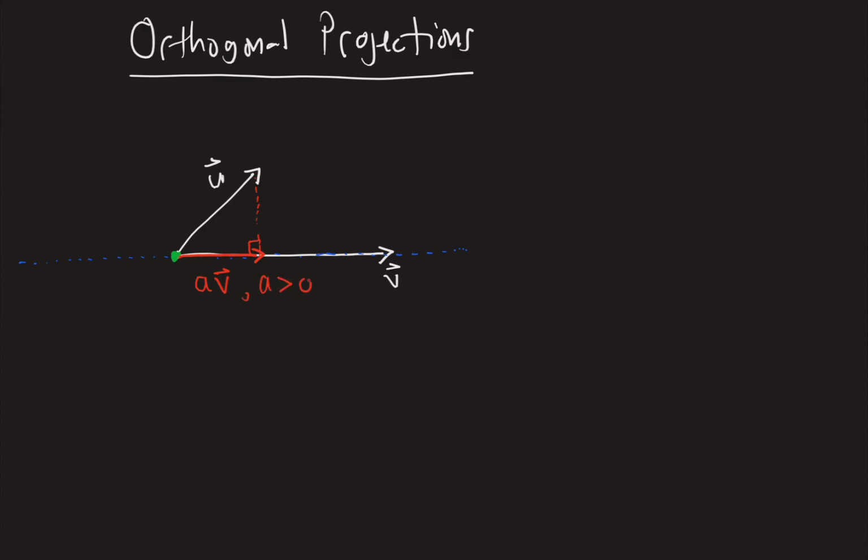Now, I could have drawn the picture in a different way, which would imply that a is negative, and it turns out it wouldn't change any of what we're going to do here to figure out this vector. So the question is, what is the scalar multiple? If I know v, all I need to do is figure out what the scalar multiple is, and then I'm good to go.